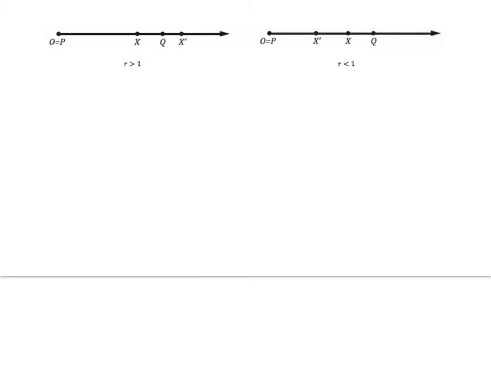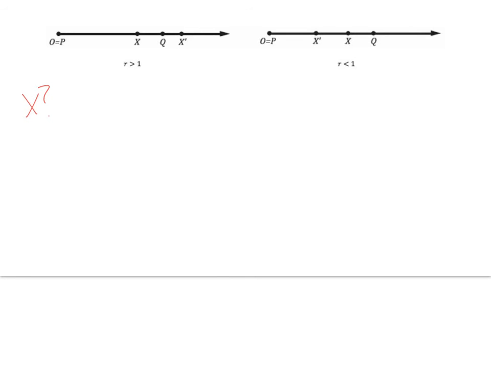So we see here the same drawing with an X written in it. So let X be a point on ray OQ, so that X isn't equal to O, okay? What happens to X under the dilation about O? What happens to X under the dilation about O with a scale factor of R? Okay, we can look at a scale factor greater than 1 and a scale factor less than 1.